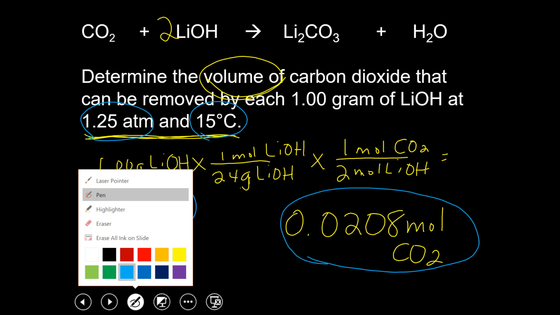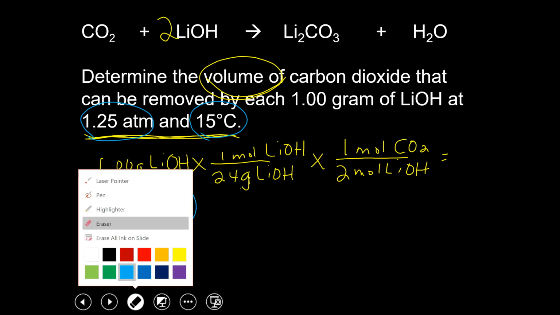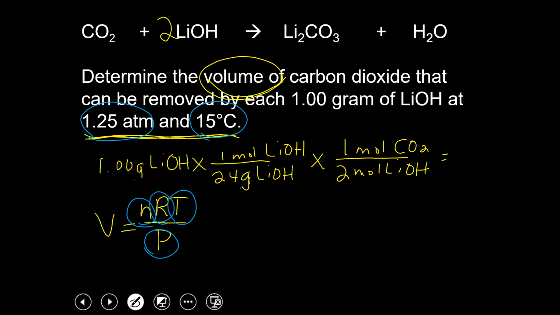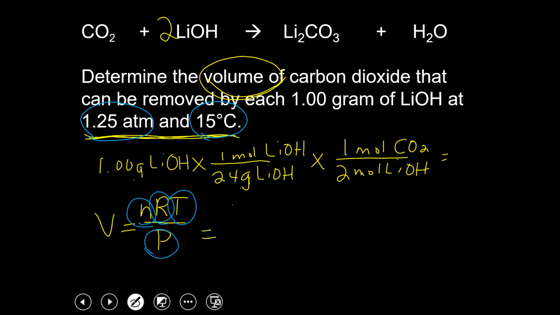Now, I need to make a little room for myself to write, so I'm going to erase my answer over here, but I'll be putting that in for the moles. So we said the moles are 0.0208 moles.